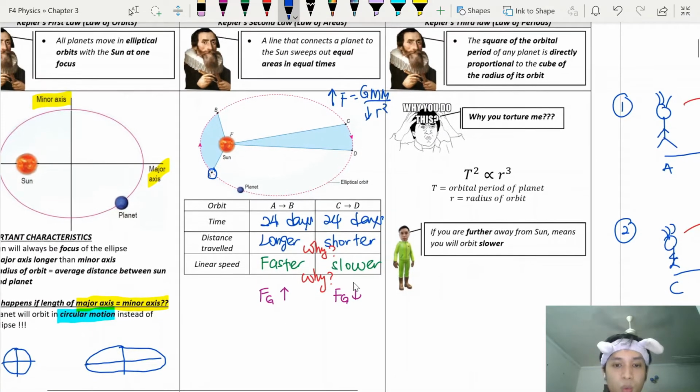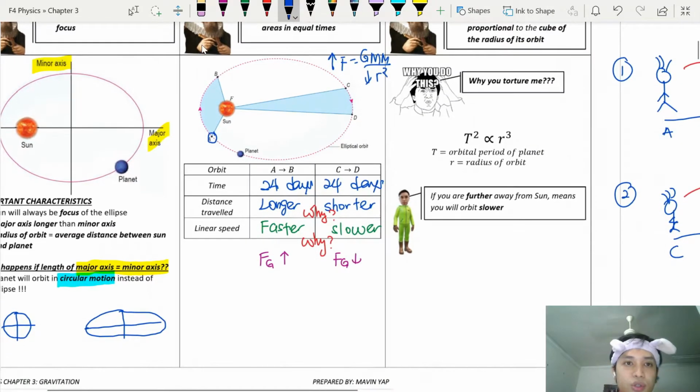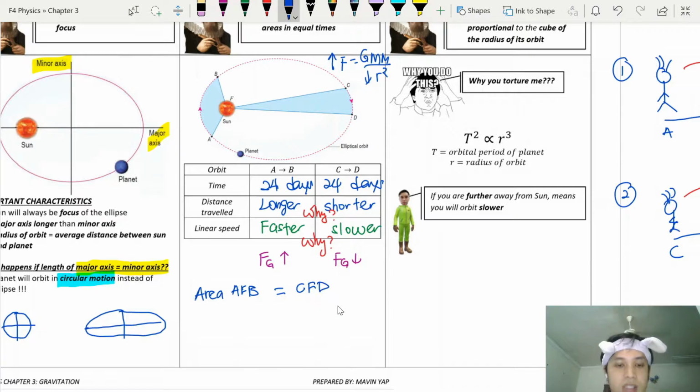Once you can understand this particular concept, then you will know the relationship here, meaning that the area of AFB will be the same as CFD. This area will equal to this area.